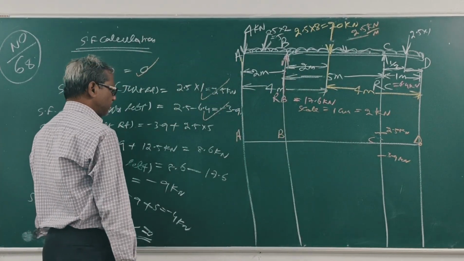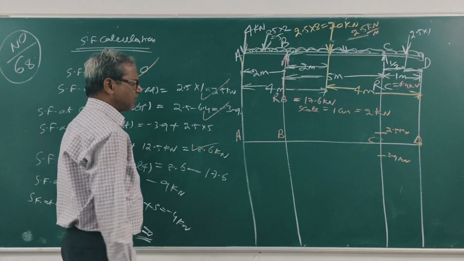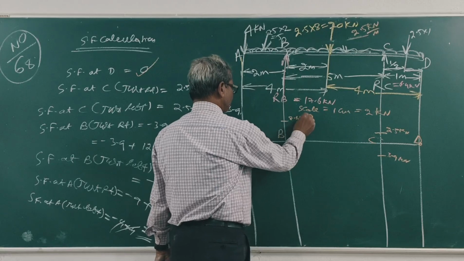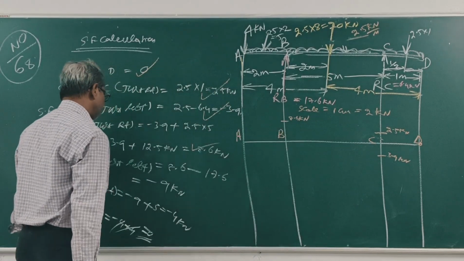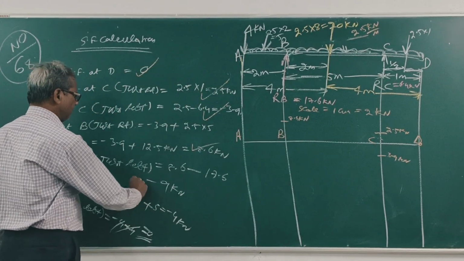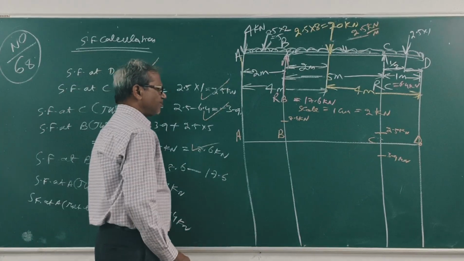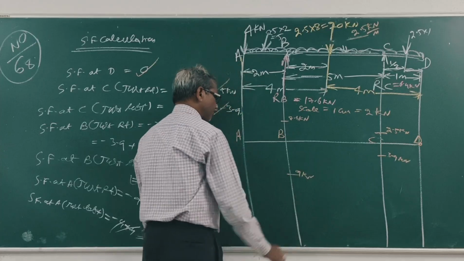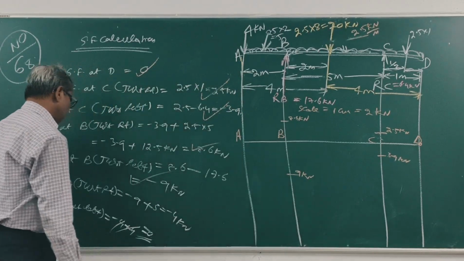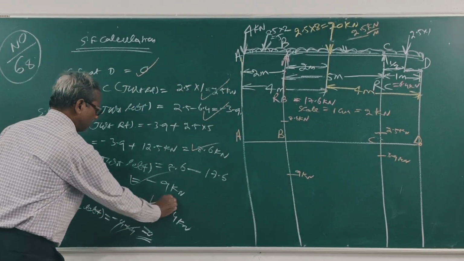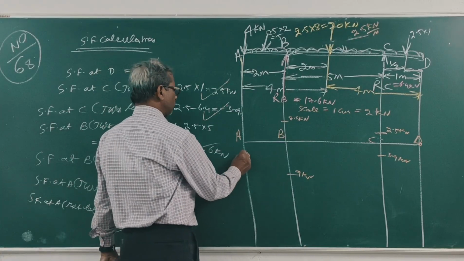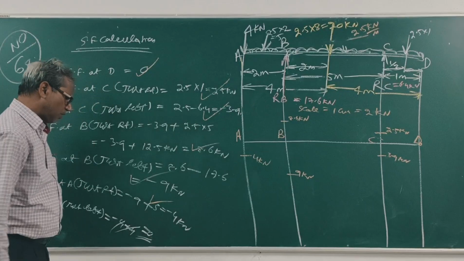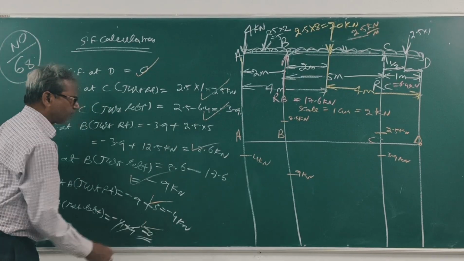B just right, plus 8.6 kilonewton. B just left, minus 9 kilonewton. A just right, minus 4 kilonewton. A just left, 0. Clear?